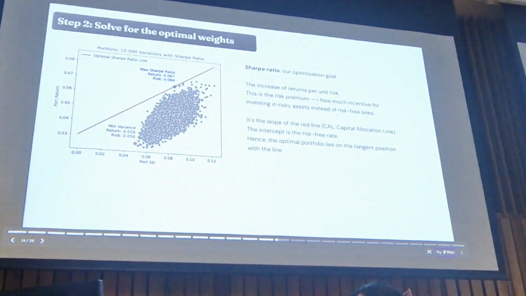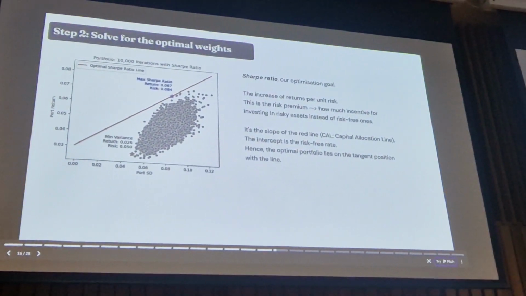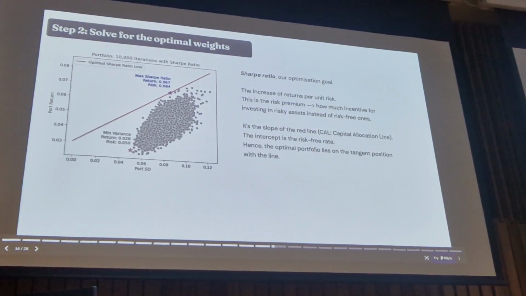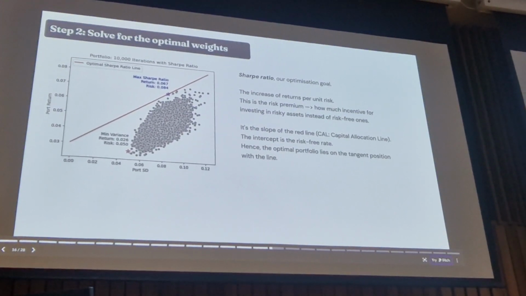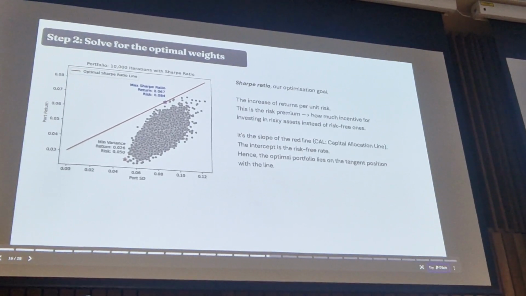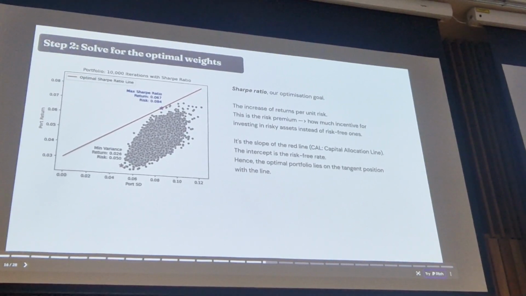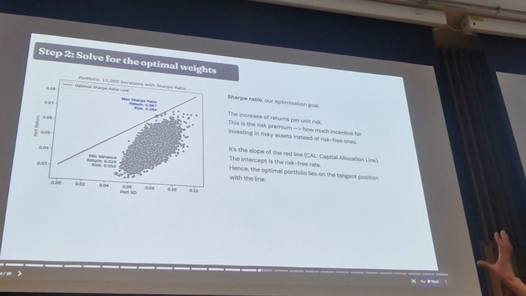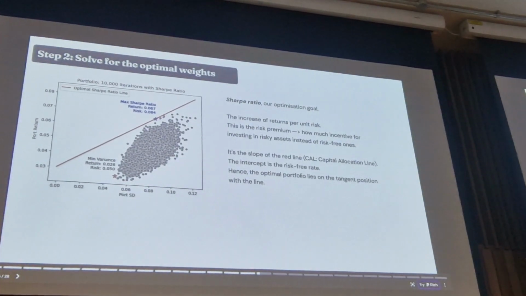Yeah, so another concept is the Sharpe ratio, which is all over the investing websites. The Sharpe ratio is basically the slope of the capital allocation line.